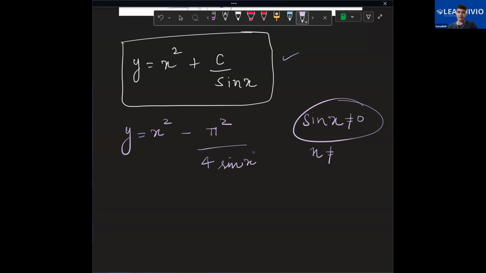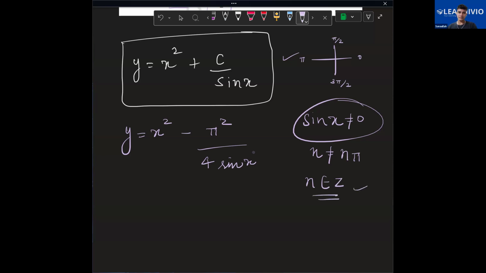कहाँ कहाँ पे sin x की वैल्यू 0 होती है? n pi, where n is an integer.